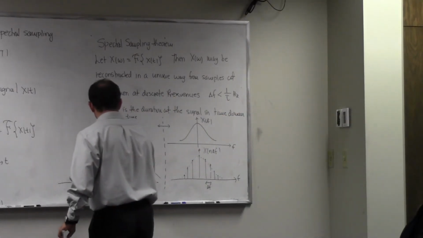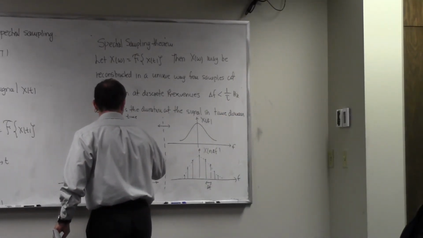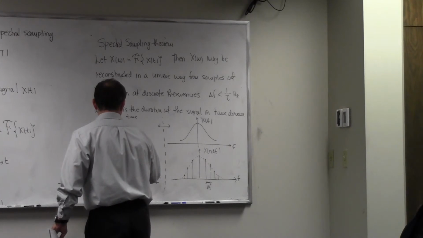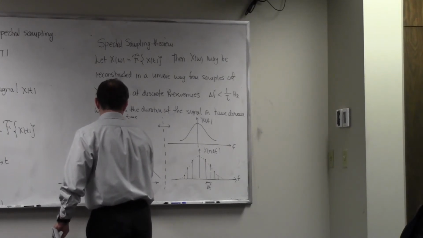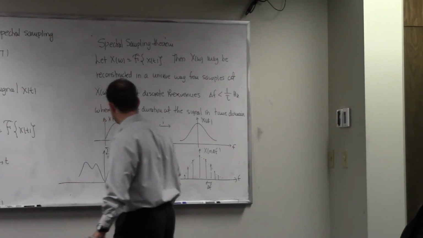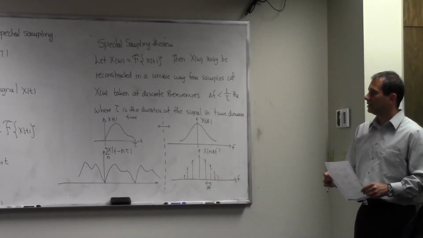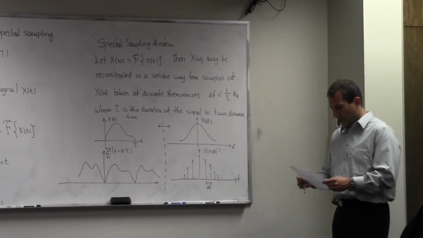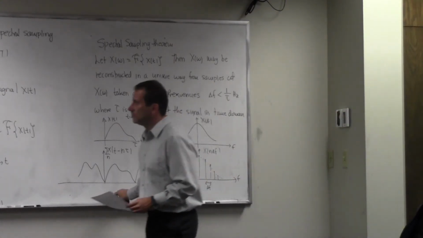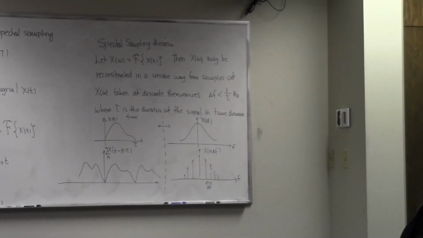And this here is tau, this is the sum over n of x of t minus n tau, like a periodic extension of this signal in the time domain. So let's prove this so that we see where it's coming from.